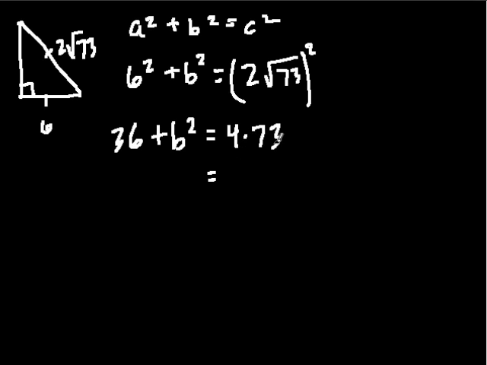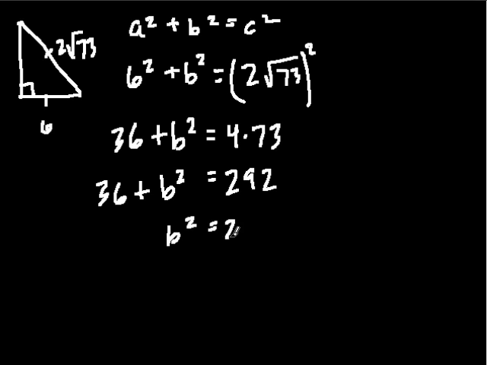4 times 73, well, 4 times 70 is 280, plus 4 times 3 is 12, so 292. Okay, so now we have 36 plus b squared, our unknown. So b squared is equal to 292 minus 36.